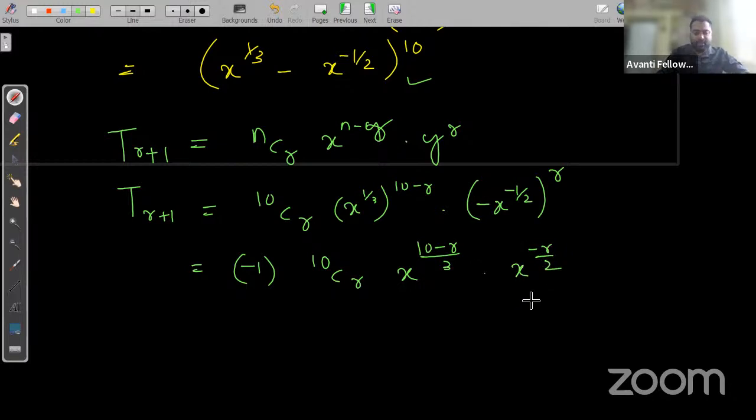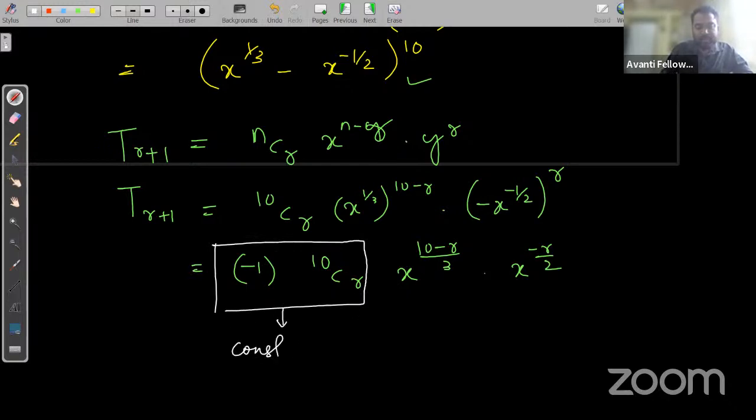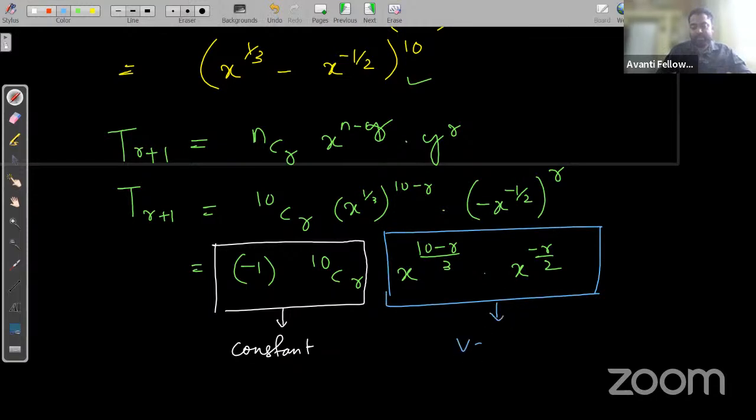Okay. So minus r by 2. So here we are getting two types of things. You can see this thing is constant. Okay. But these expressions, see here, these expressions include variables.